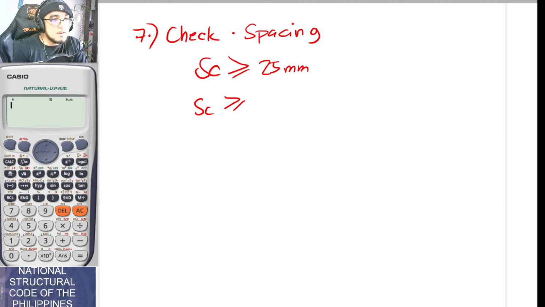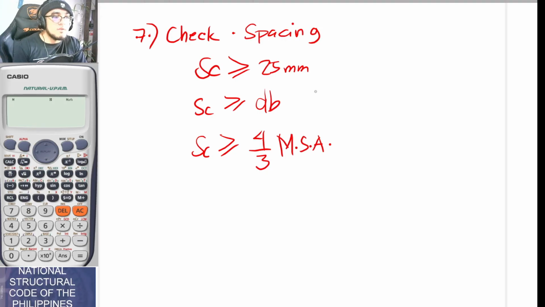Sc should be greater than or equal to the diameter of the bars, and Sc should be greater than or equal to 4/3 of the maximum size of aggregates. Okay, so if it doesn't fit here, you can change your setup. That's all there is to it.